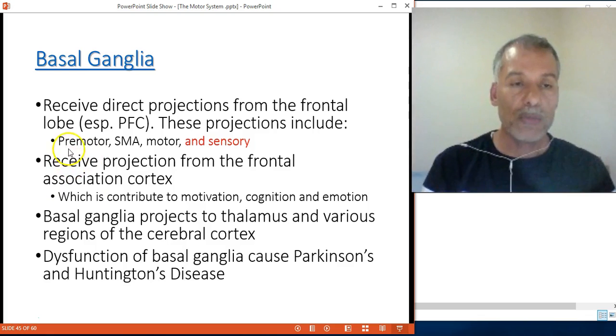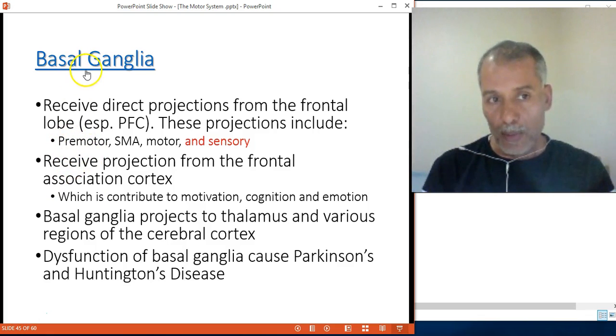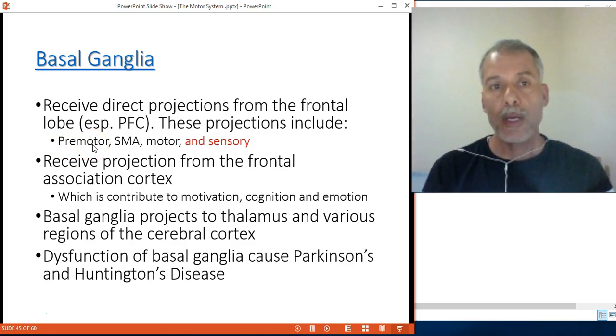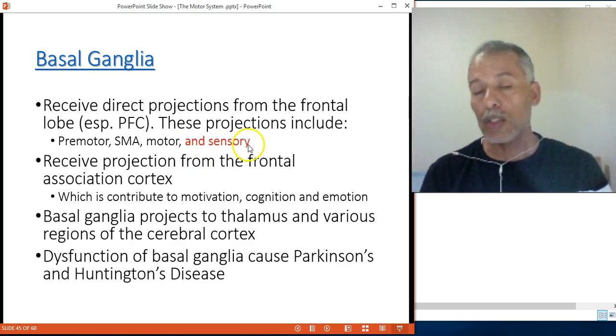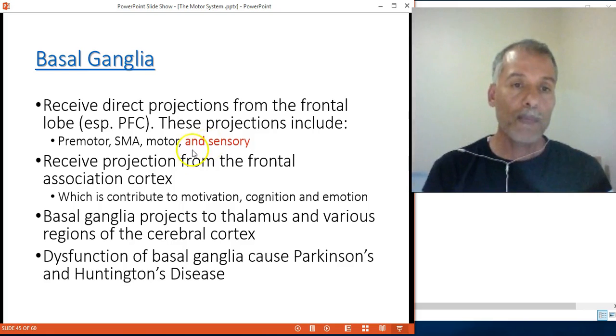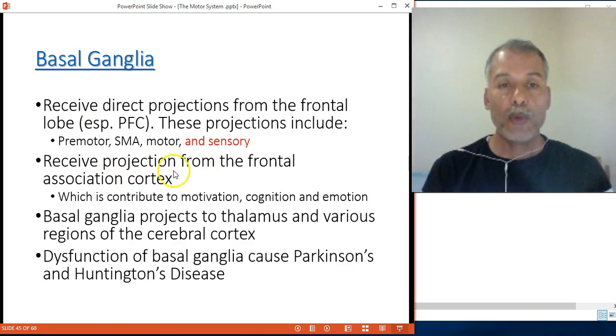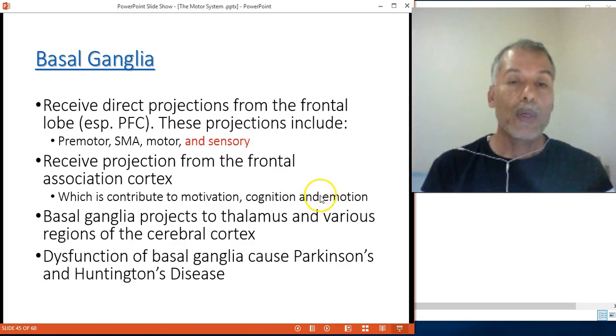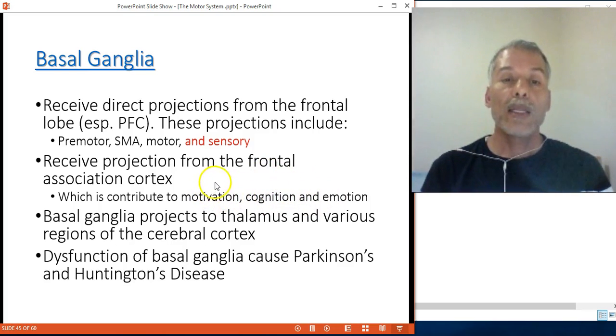So again, make sure that you know that the basal ganglia have connections with the premotor area, the supplementary motor area, the motor cortex, and the sensory cortex, or the somatosensory cortex. It also receives projections from the frontal association cortex as well, and that contributes to motivation to move. It enables you to think about your movement, and your emotions also, because your emotions give you the motivation to move. So you need to think and have the motivation in order to move.